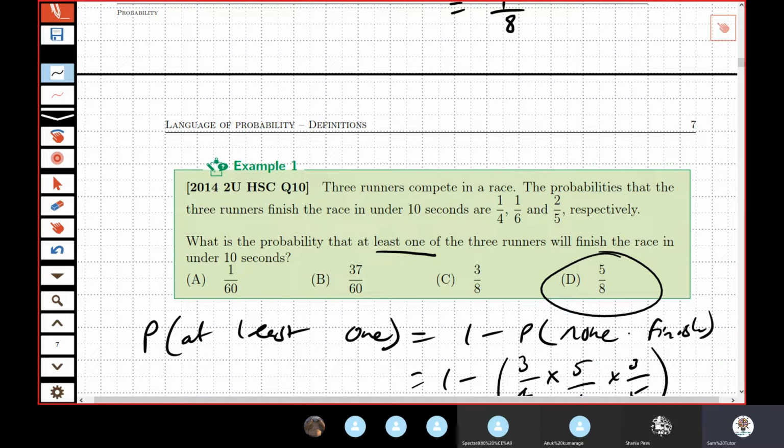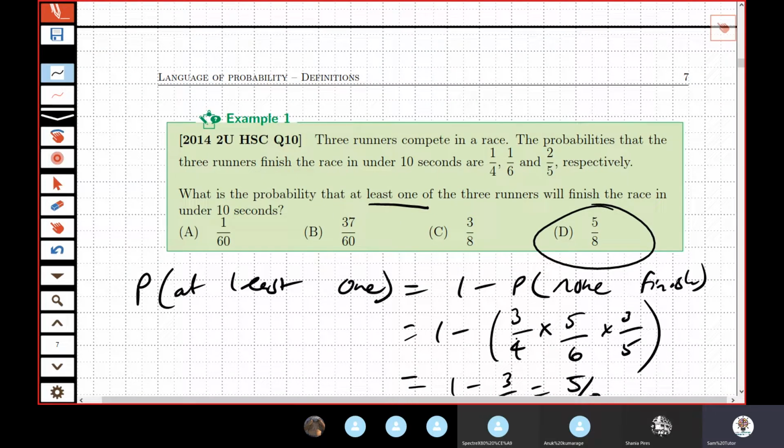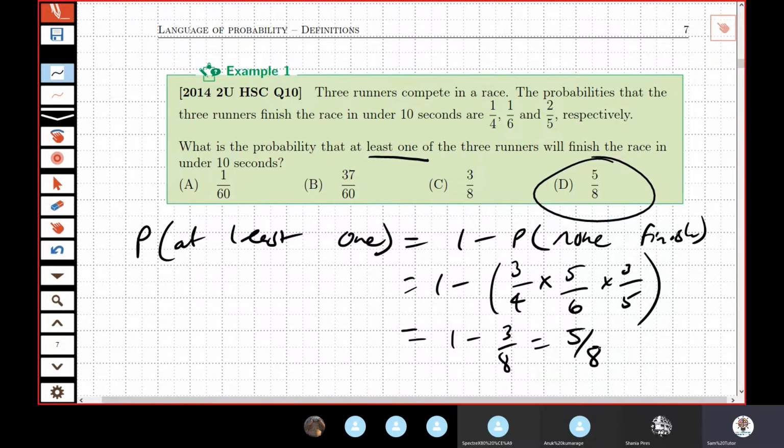Do we get that? Then you're going, okay, what's the probability of none finishing the race? Well, if the probability of this guy finishing was a quarter, then not finishing would be 3/4. Not finishing would be 5 out of 6. Not finishing would be 3 over 5, and then it's just a matter of plugging into your calculator, and voila. Does that make sense?